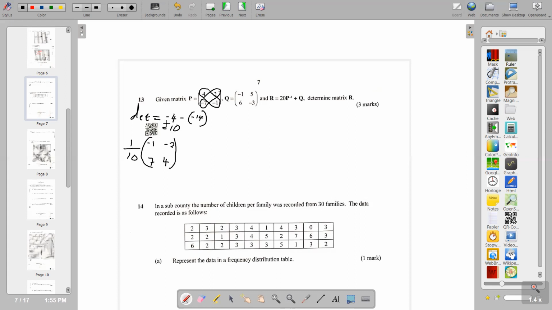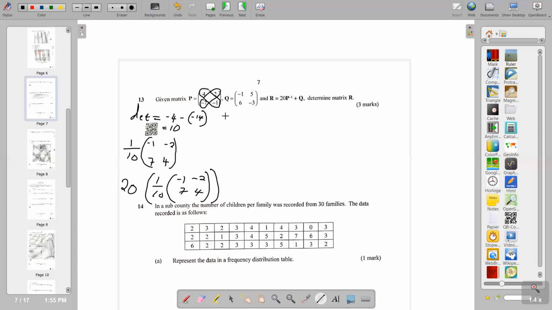Now, of course, you can decide to multiply by 1/10, or you can leave it like that, because outside it is 20 times the inverse of P, so this is going to divide by 20. You're going to have 20 times 1/10, and then the matrix -1, -2, 7, 4.